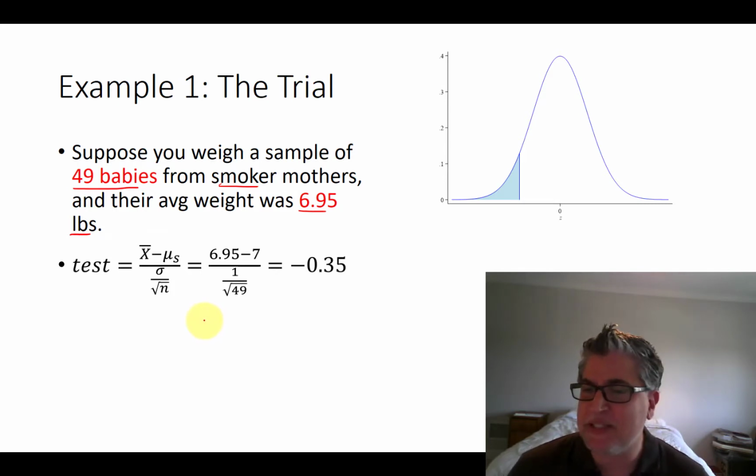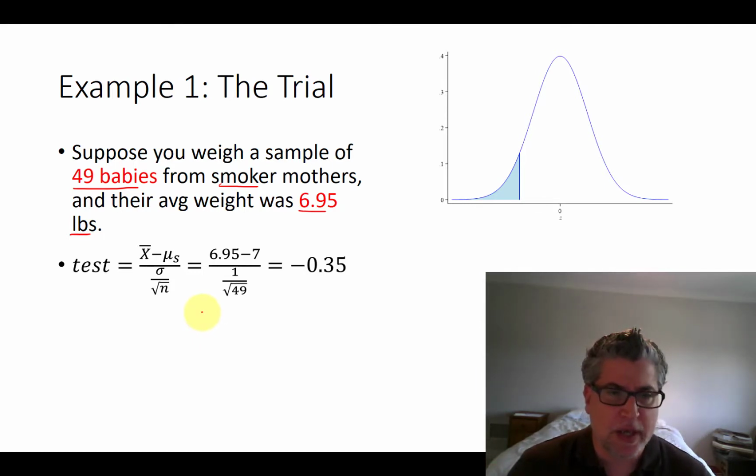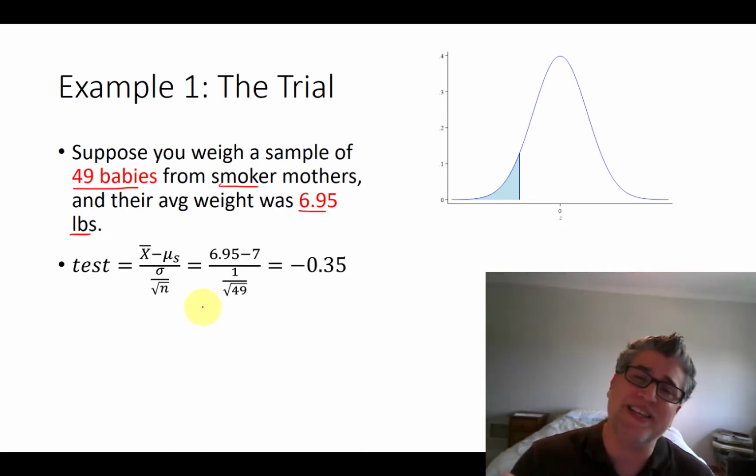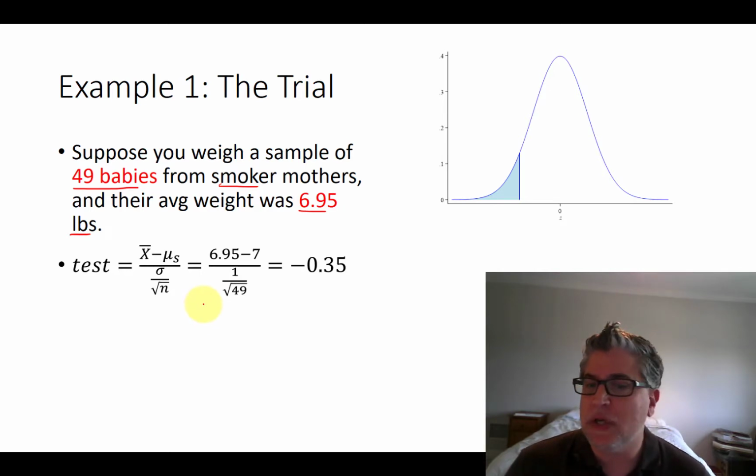A little bit less than 7. But, of course, if there was no difference and smoker moms had 7-pound babies, they were not all exactly 7. Some are going to be greater and some are going to be less. So what we really want to know is, is the weight sufficiently less to get rid of our null hypothesis? Is 6.95 as an average from 49 babies sufficiently less than 7?